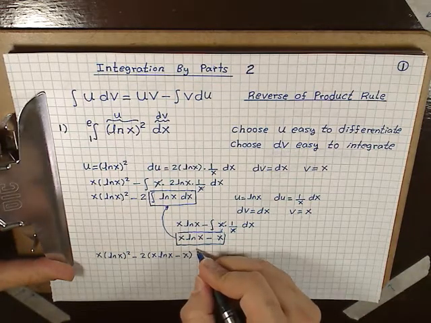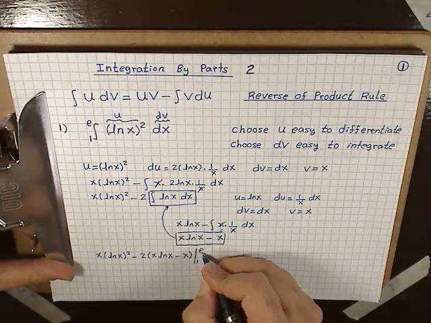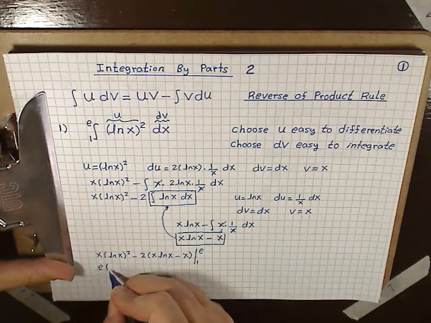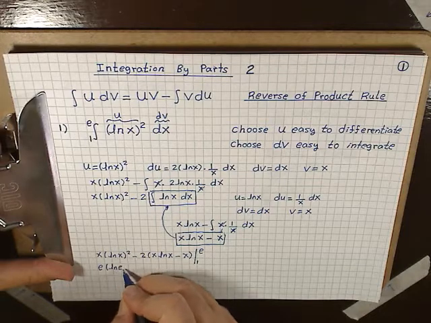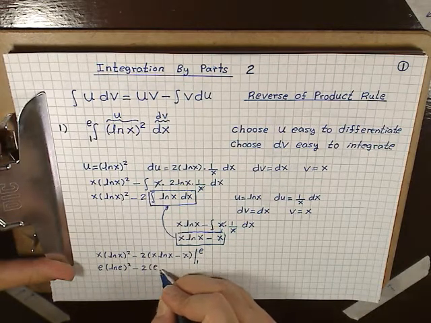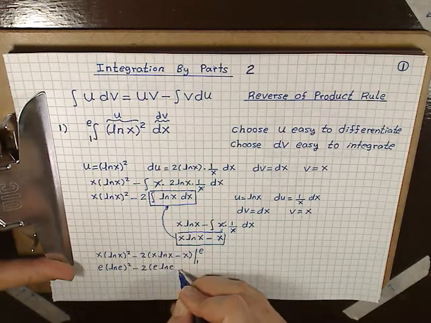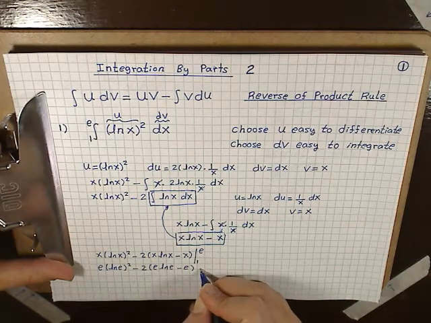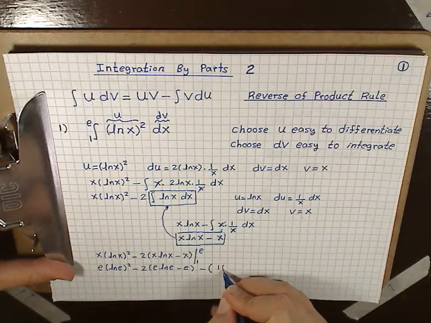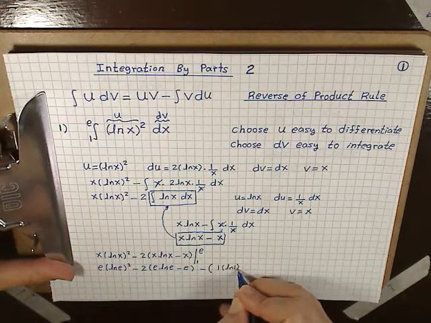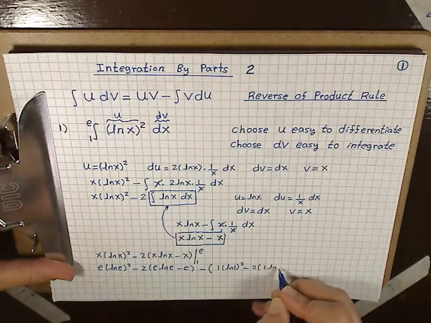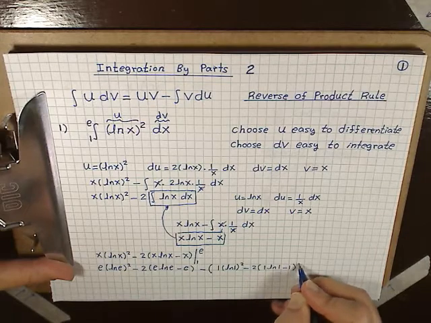Now let's evaluate it from 1 to e. Substitute the upper limit, we get e times (ln e) squared minus 2e ln e minus e, minus, put the bottom limit in, we get 1 times (ln 1) squared minus 2 times 1 ln 1 minus 1.